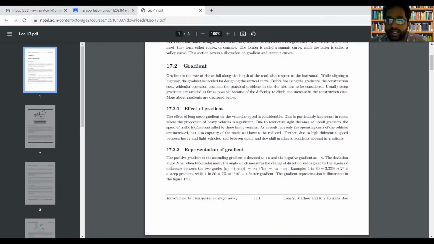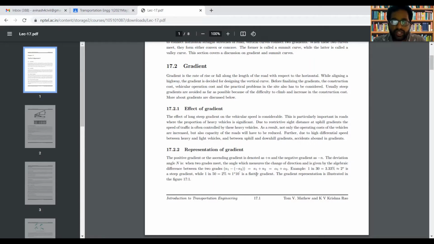A positive gradient or uphill gradient will be represented as plus n. Here you can see that it is represented as plus n, and a negative gradient is represented as minus n. The deviation angle comes into the picture when these two different gradients, one moving up and one moving down, meet at one particular point. You call it the deviation angle.